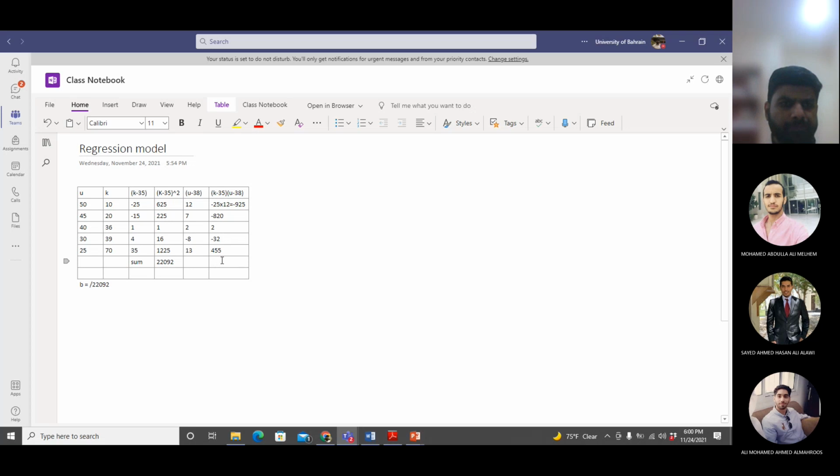How much is it? Minus 1320. Okay, what is the value of B then? Minus 1320 divided by 22092. It will be negative.